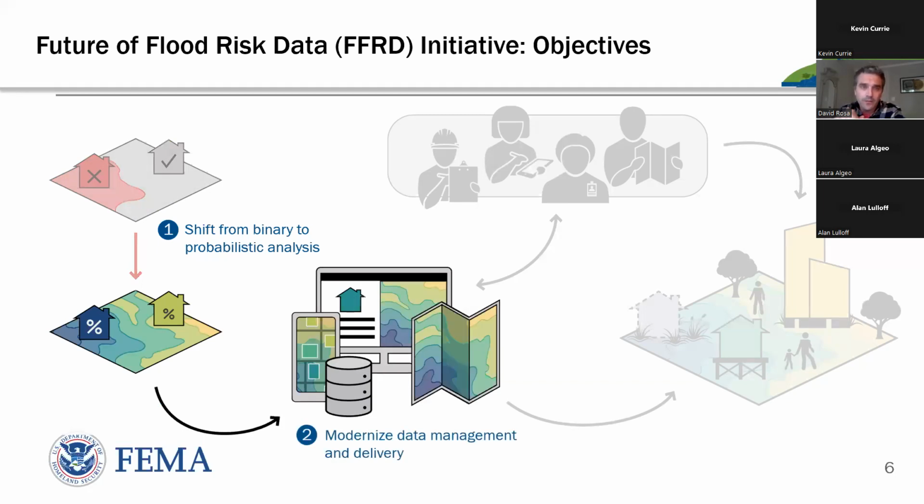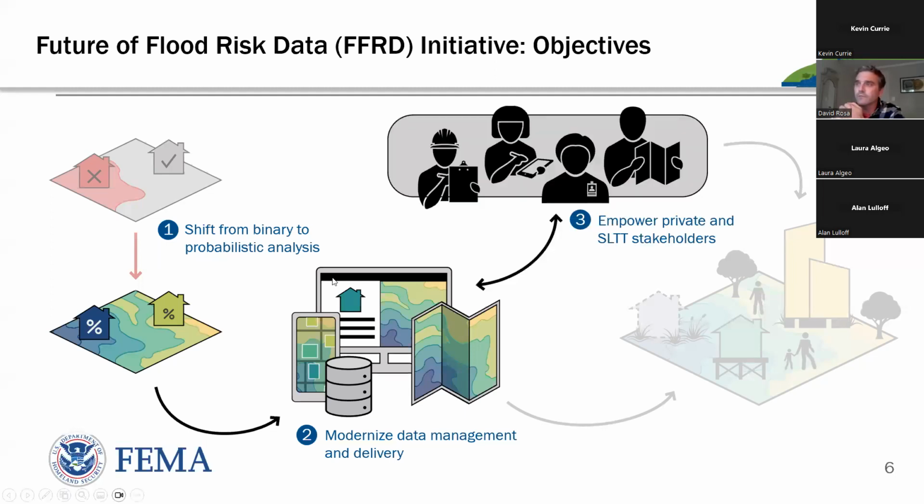The second objective of FFRD is to modernize the way that we store and manage data. And this isn't just about the way that we store or facilitate access to the results, but it's also about how we build, store, and facilitate access to the models behind those results.